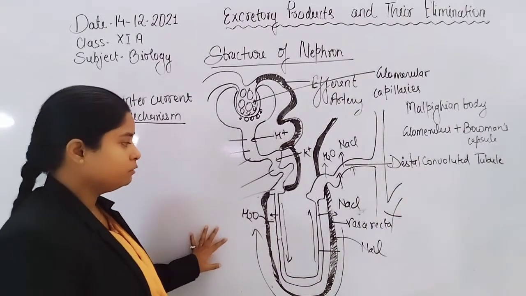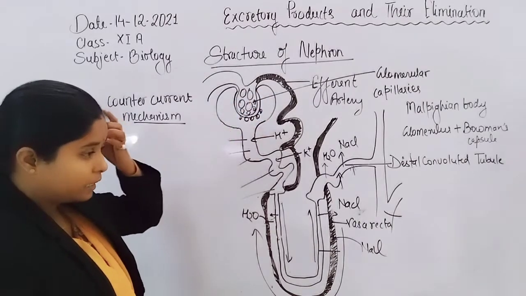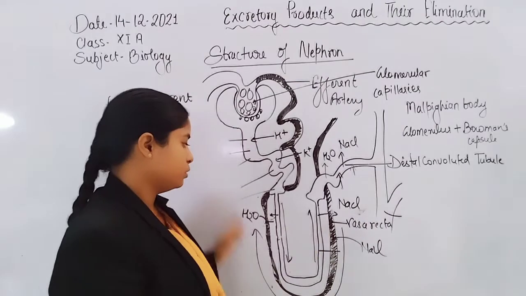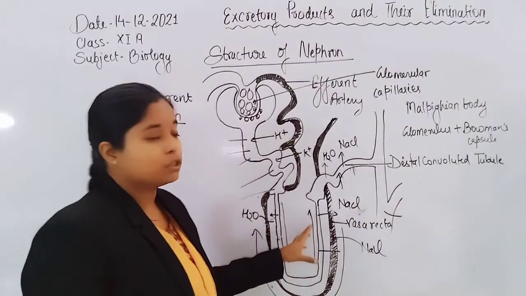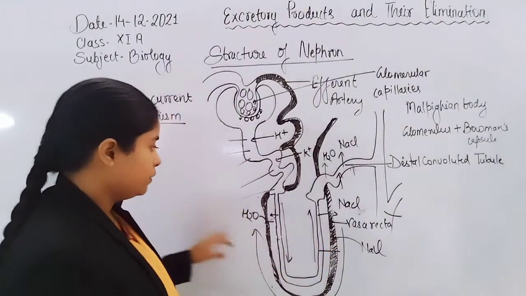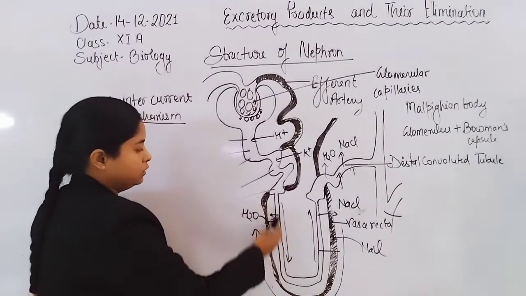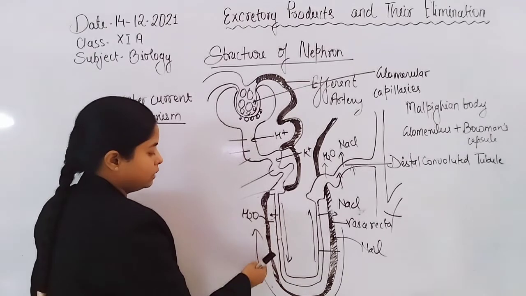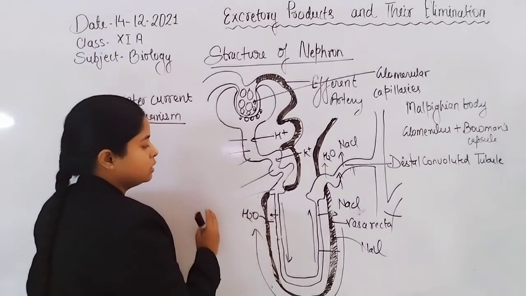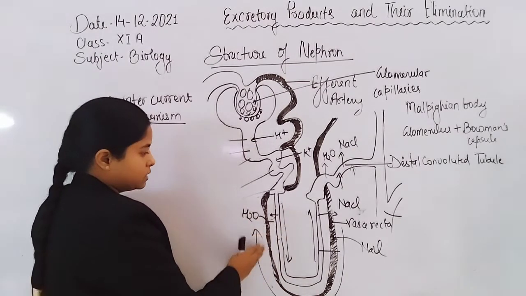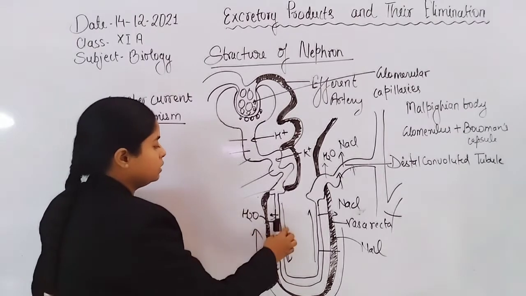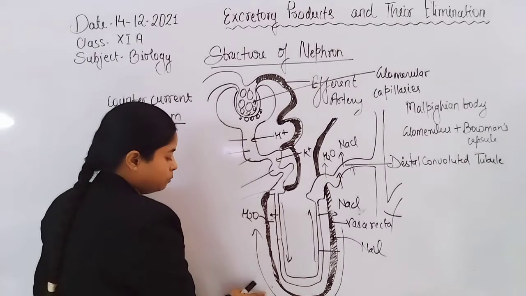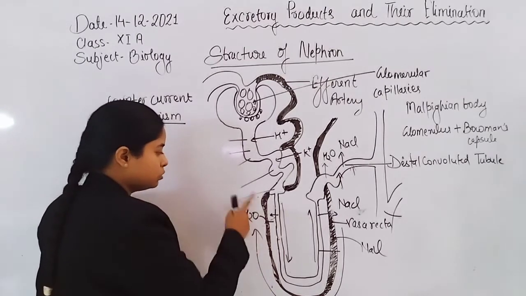In the countercurrent mechanism, the direction of blood flow in the vasa recta is opposite to the direction of fluid flow in the loop of Henle. In the descending part of the loop of Henle the fluid flows from upward to downward, while in the part of the vasa recta present near the descending part of the loop of Henle, the blood flows from down to upward.